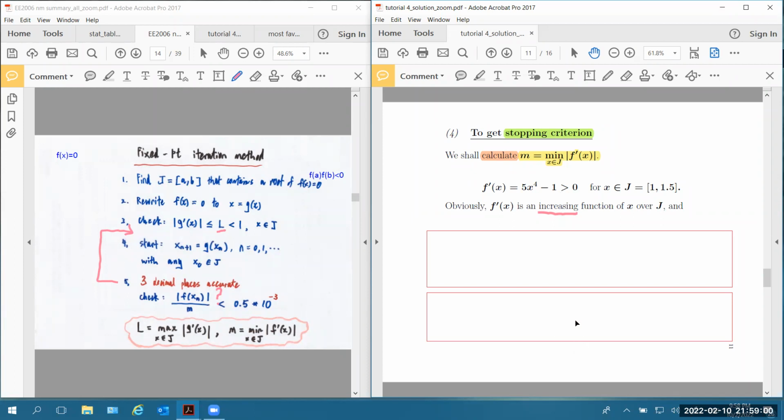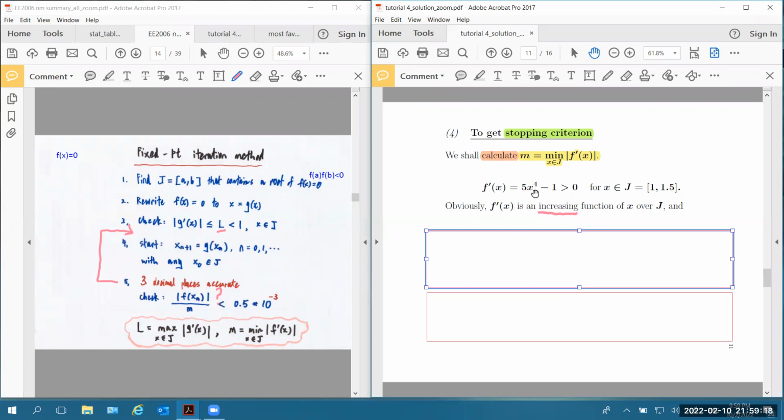And what we are going to do is minimize. This one is also absolute value, and you want to minimize. So what do you do here? You look at your function, 5x to the power 4 minus 1.